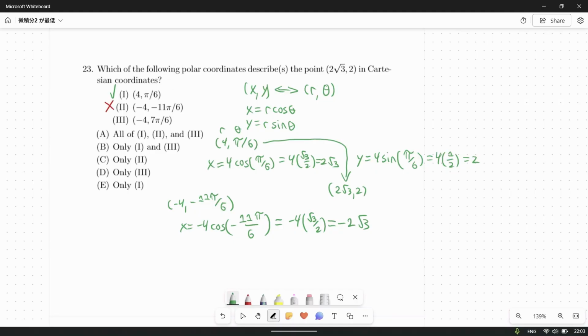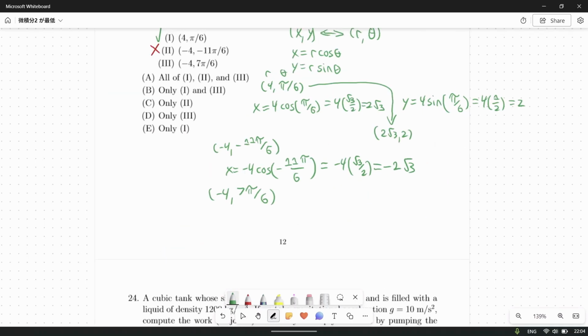Now for the third case, we have -4 and 7 pi over 6. So plugging that into our conversion formulas, you'd have that x is equal to -4 cosine of 7 pi over 6. That's going to be a little bit over half a counterclockwise rotation around the unit circle.